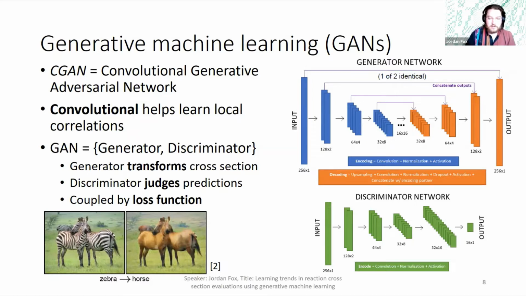Before talking about the models in more detail, I do want to mention quickly this picture I have in the lower right corner. This is a photo of a zebra and then a picture of the same zebra, but transformed to look sort of like a horse by one of these convolutional GAN systems.